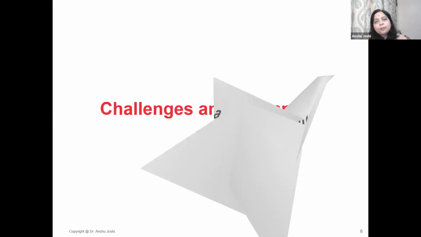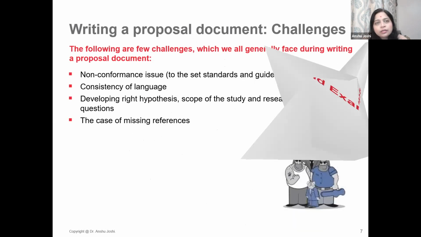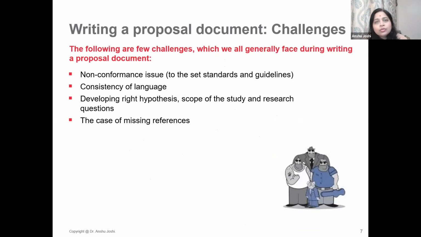Now, there are a couple of challenges that researchers typically come across while writing an effective research proposal. What are those challenges? First of all, an issue related to non-conformance usually occurs in the context of the set standards and guidelines.